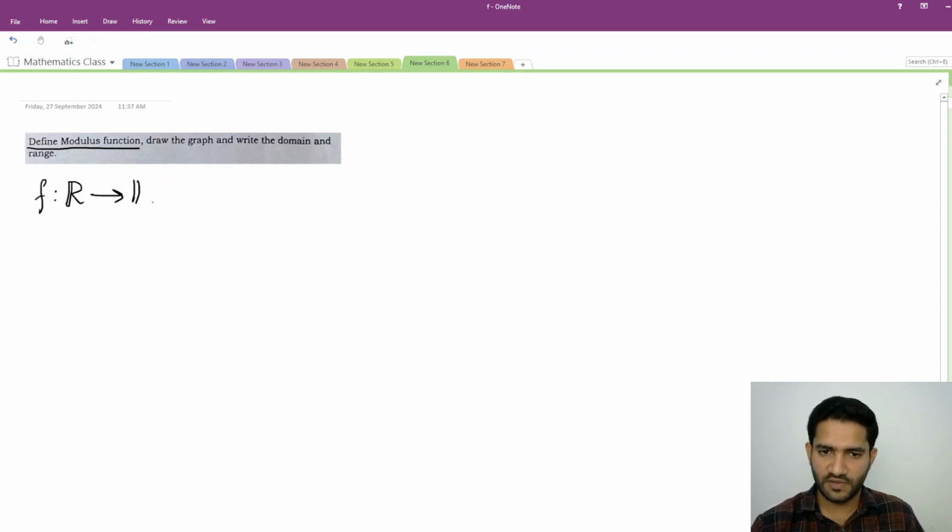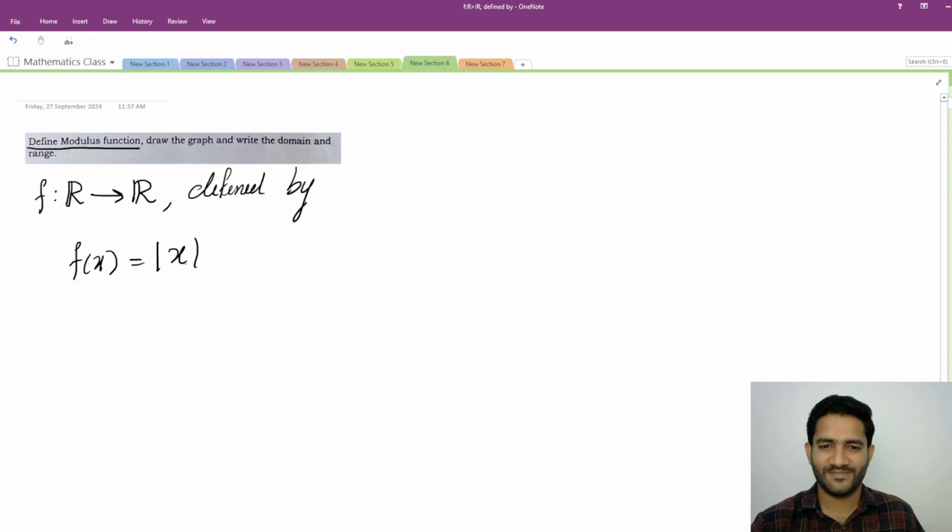So for the modulus function, the domain is R, codomain is R. We are defining the function f from R to R defined by f of x equal to mod x. We are using the notation of 2 lines, mod x.